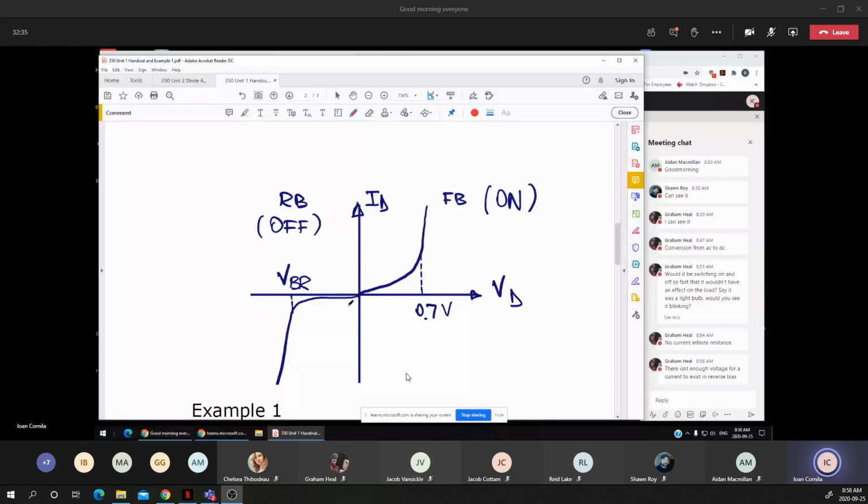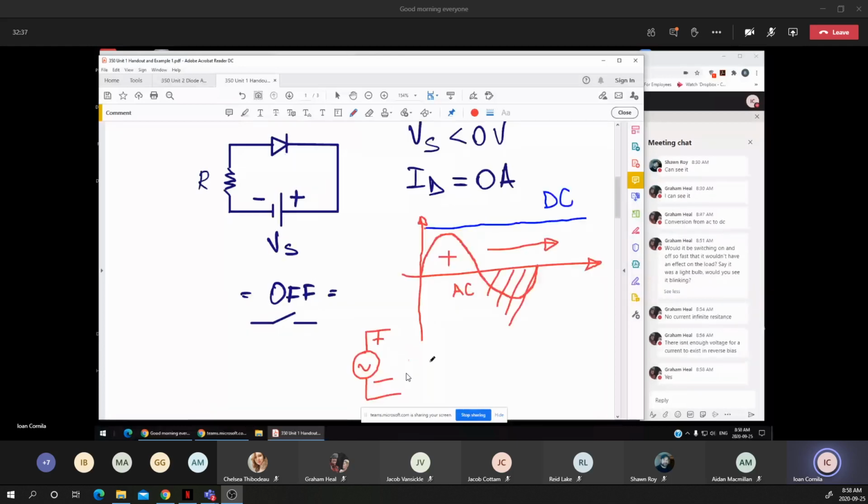Now for the positive half, or the first half of the sine wave, I'm making the assumption that the first half has positive polarity, or the positive terminal is applied to the diode. The diode is in forward bias, or the on state.